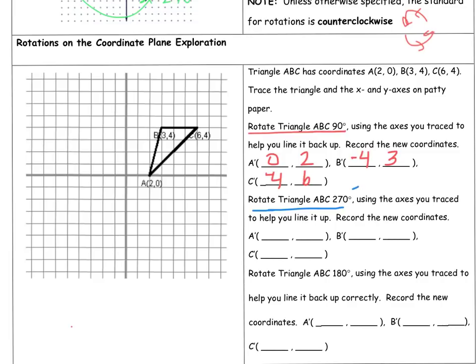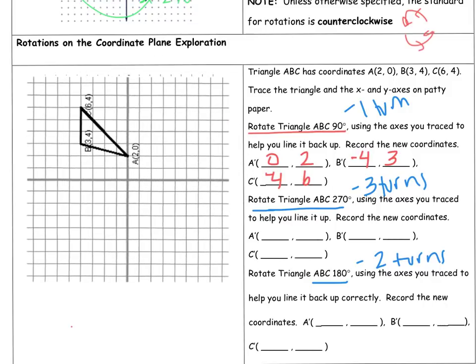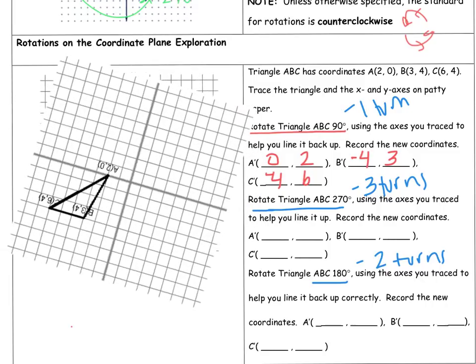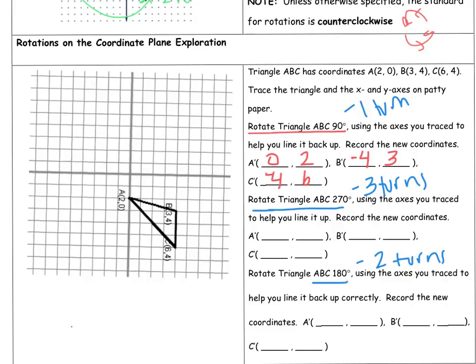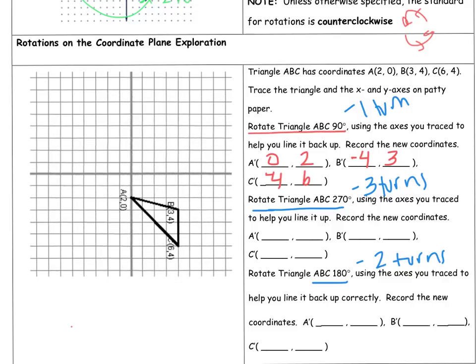So 270 degrees is 3 turns. 90 degrees is 1 turn. And then 180 degrees would be 2 turns, counterclockwise. So we're going to go ahead and do that. I'm going to turn it once, that's 90 degrees. Turn it twice, that's 180 degrees. Turn it 3 times, that is 270 degrees.